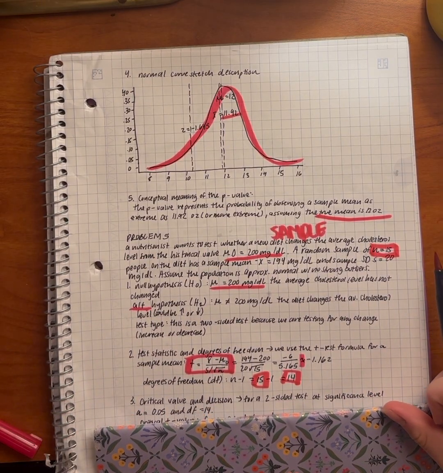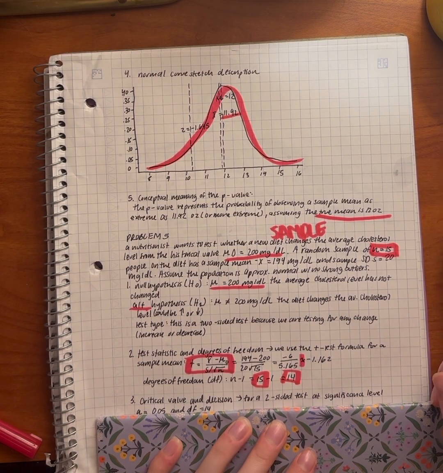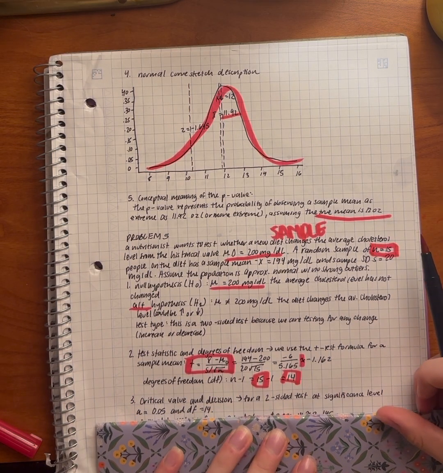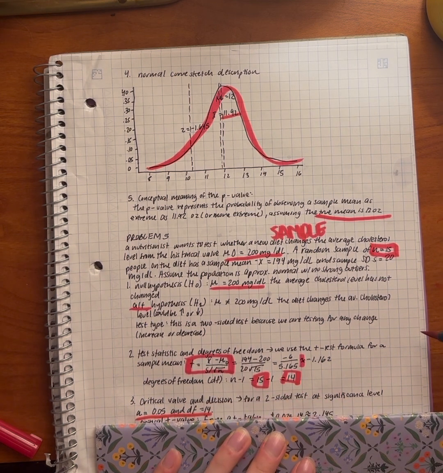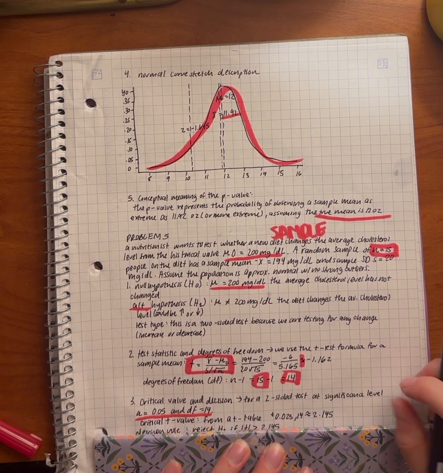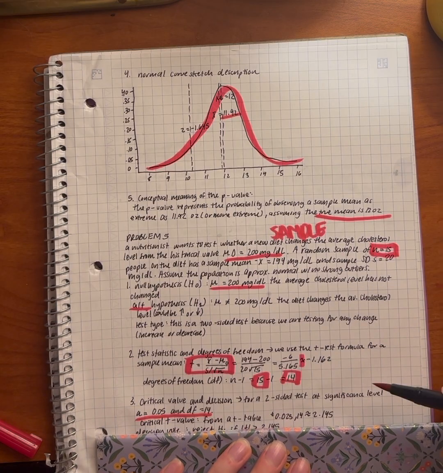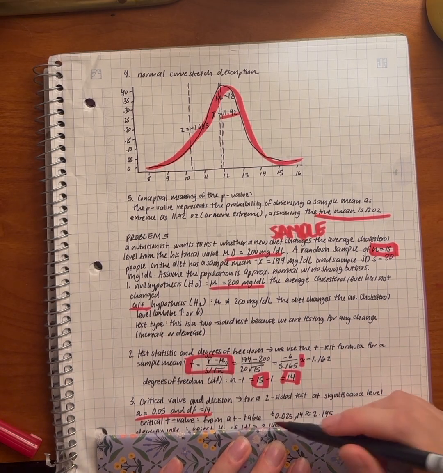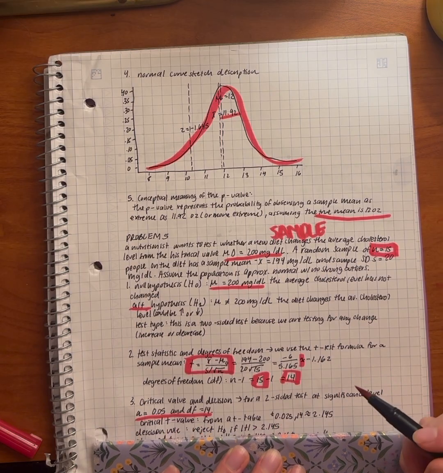And then number 3, critical value and decision for a two-sided test at a significance level. So we know that alpha is equal to 0.05 and the degrees of freedom is 14, which we found up here. So the critical t value from the t table, which we would find on the graph, unfortunately I don't have it in front of me, is going to be 2.145 roughly.